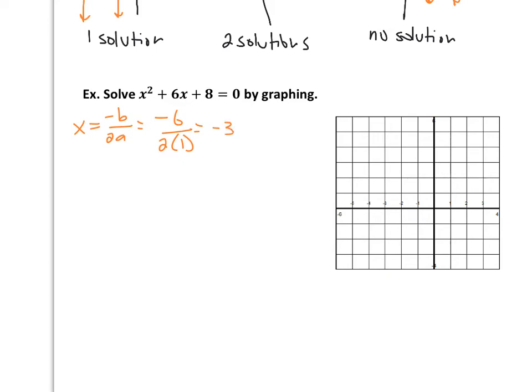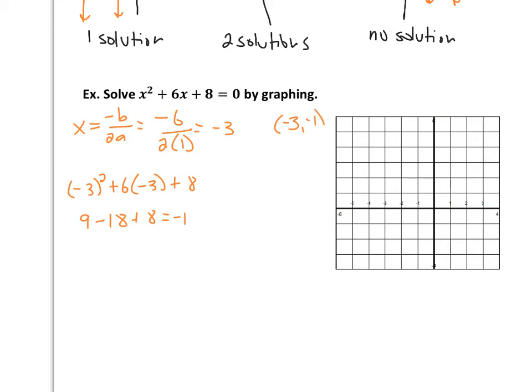The y that goes with that, we get by plugging that back in. So negative 3 squared plus 6 times negative 3 plus 8. So we're going to get 9 minus 18 plus 8. So 9 and 8 is 17 minus 18. So there's negative 1. So we have negative 3, negative 1.